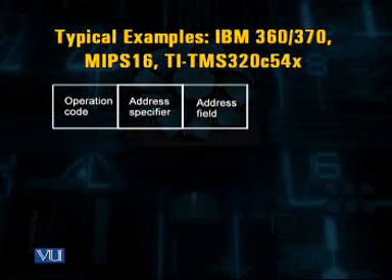For example, the first location will be the operation code. The second is the address specifier. This address specifier basically specifies which mode of operations we are going to use, and this defines the number of addresses which will be defined in the following fields, and accordingly what will be the total length of the instruction word.